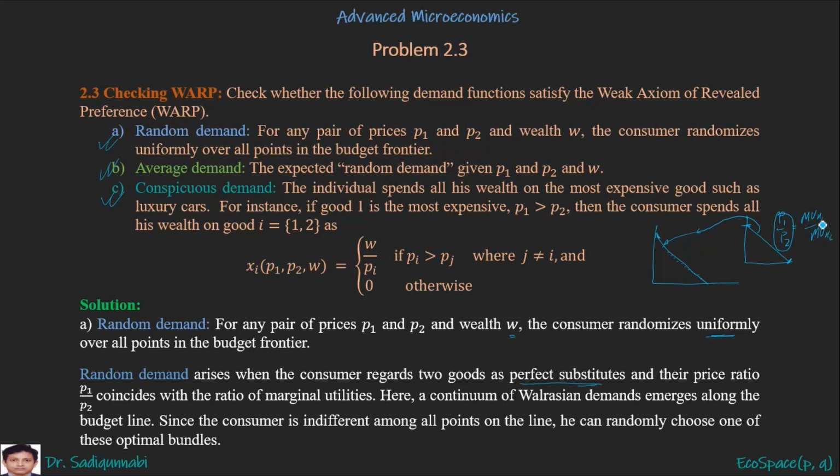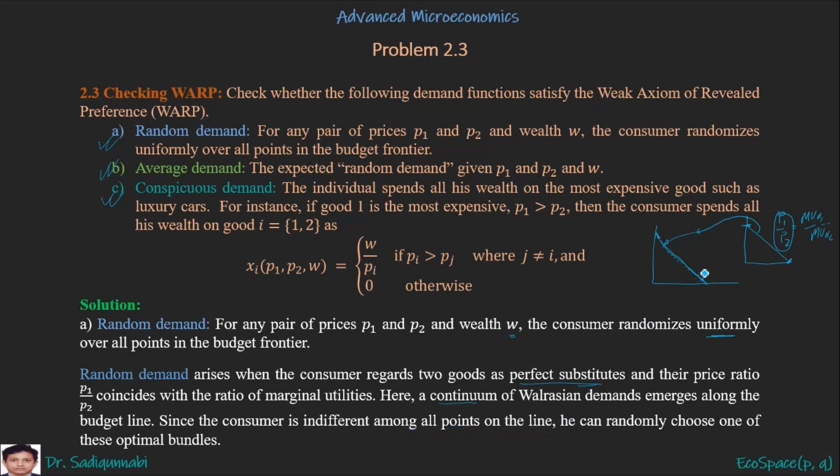the continuum of Walrasian demands emerges along the budget line. So there is a continuum of Walrasian demand along the budget line. Why? Because the consumer is indifferent among all points on the line, because they are perfect substitutes.